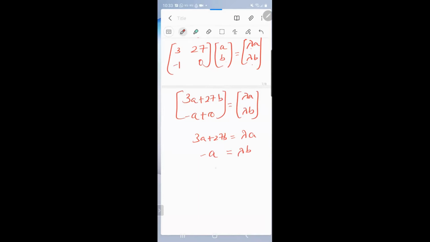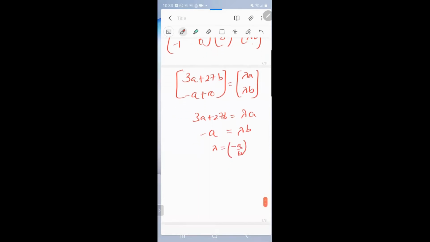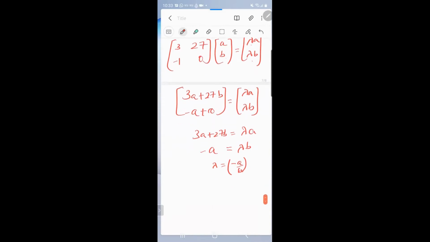So I found out the value of lambda, which is minus a by b, right? But does that satisfy the first equation? Doesn't look like it satisfies the first equation, right? So what can we do to find out better? So let's try something else.